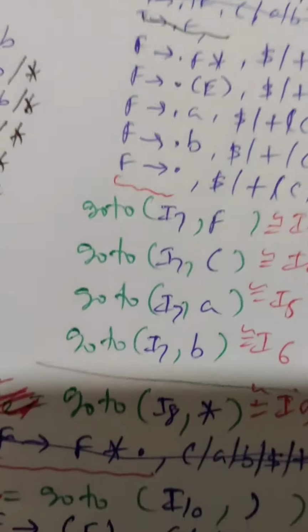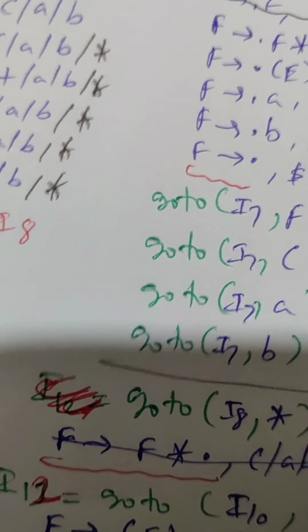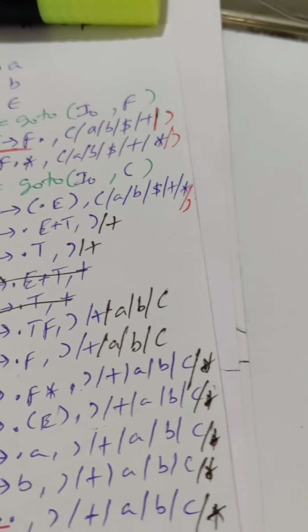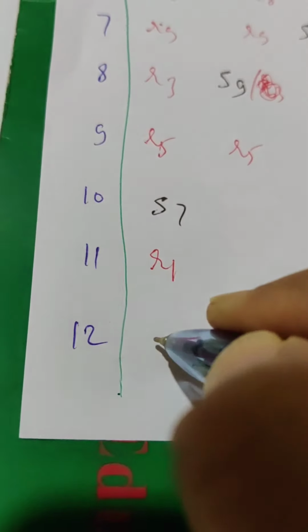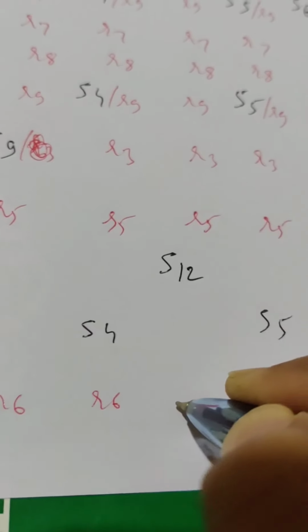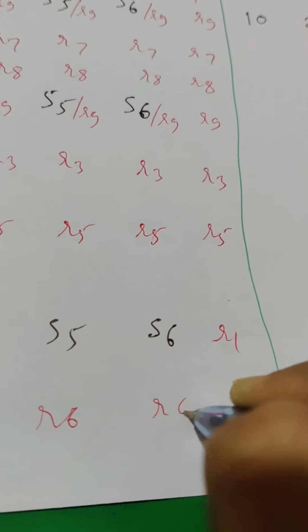Okay. And the last item is atom number 12. That's going to be f goes to bracket E. So f goes to bracket E is rule number 6. So that's number 12, rule number 6. We'll be writing here R6, R6, R6, R6, R6, R6, and R6.